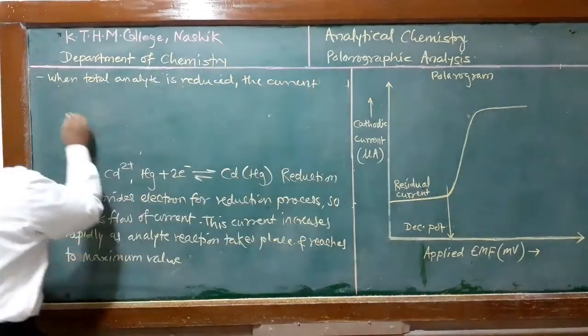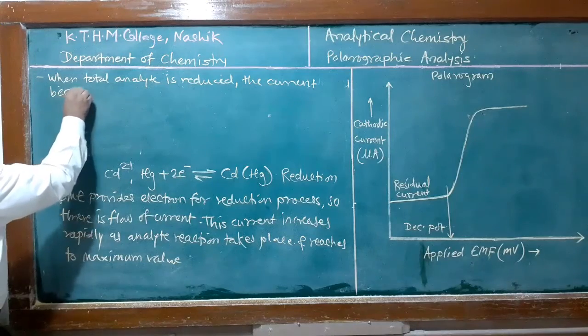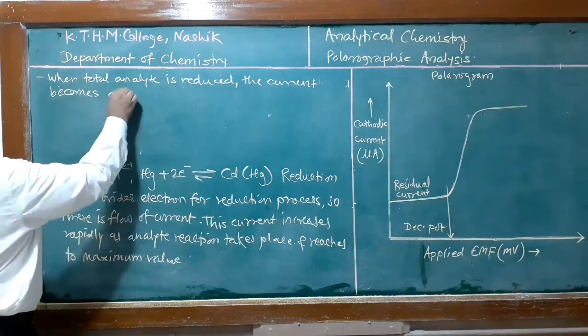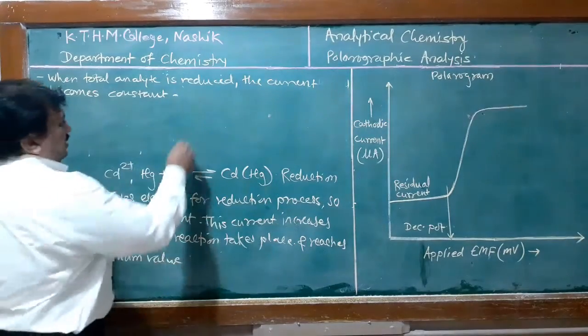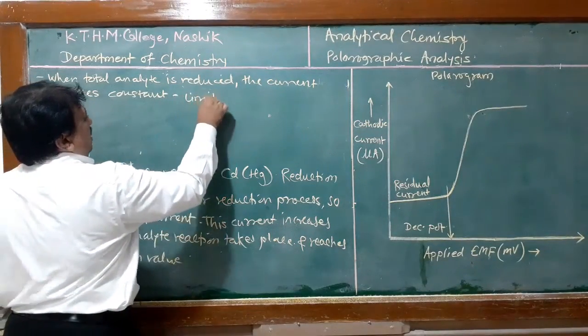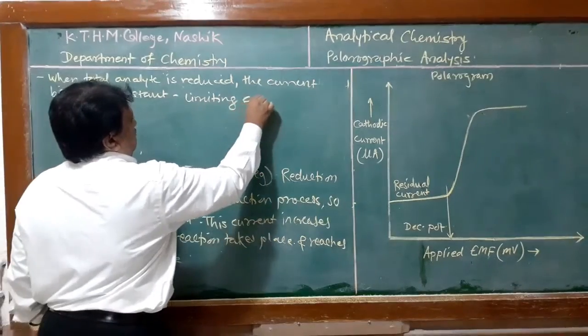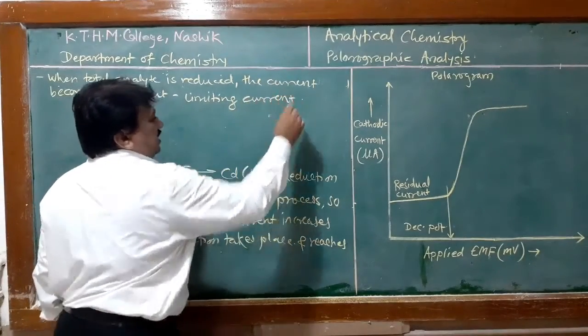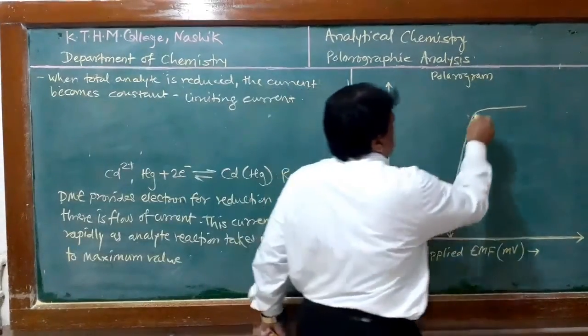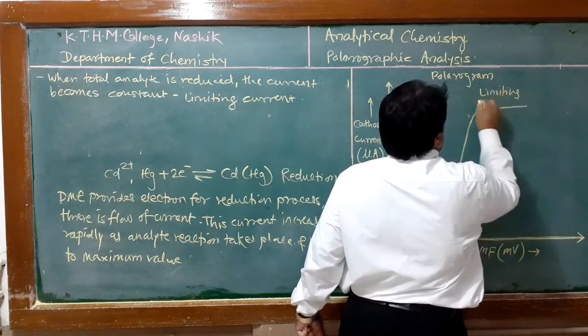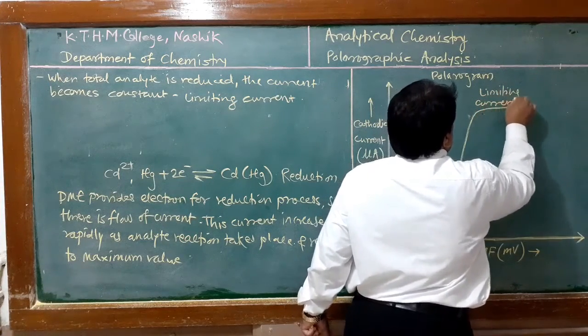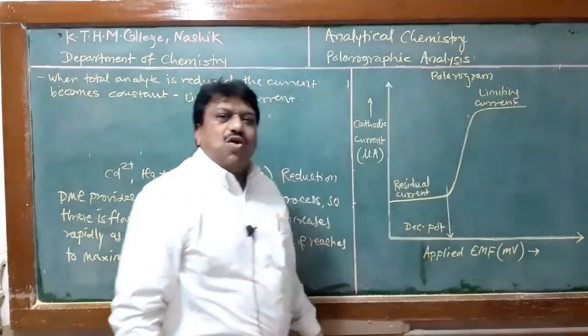This constant current is called the limiting current. That is, a constant current after reduction of the analyte.